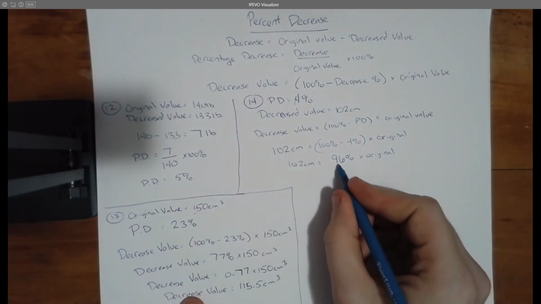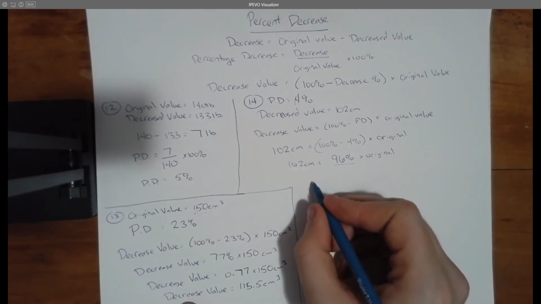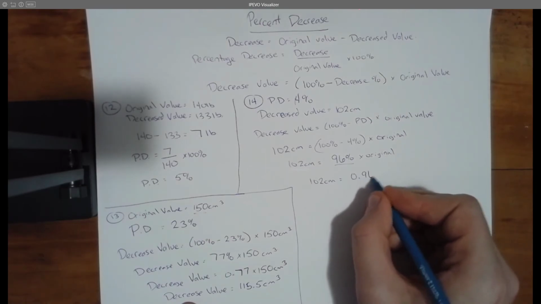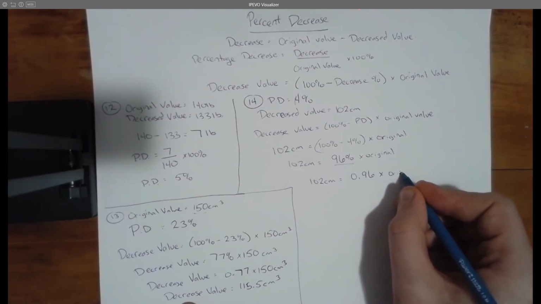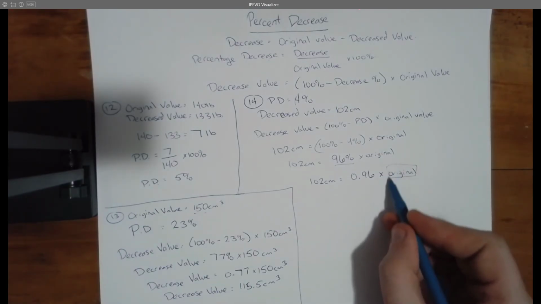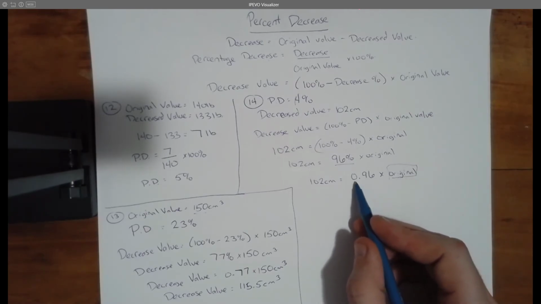Now, we need this percent as a decimal. So we divide that by 100, and it equals 0.96 times the original value. And just like we did in our last video, we want to have the original value by itself. In order to get it by itself, there's something in the way, the 0.96 multiplied by it.